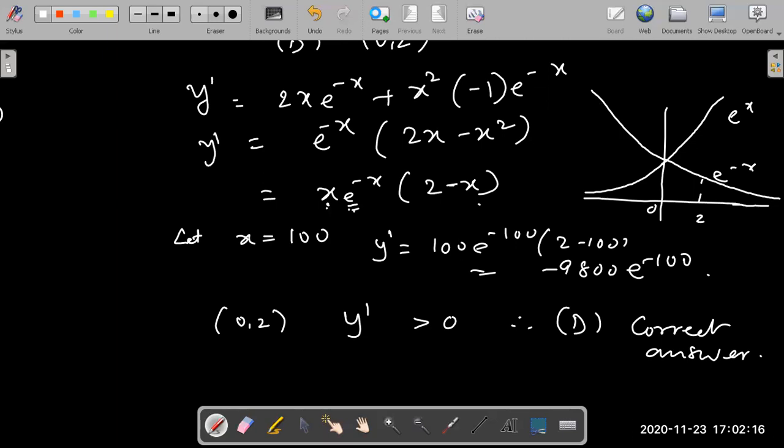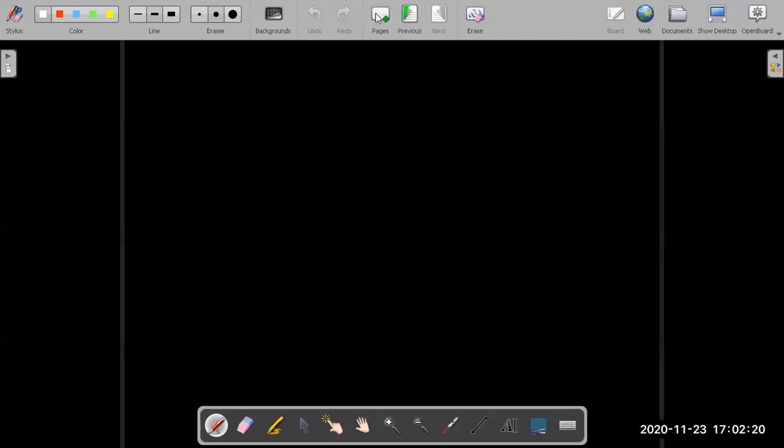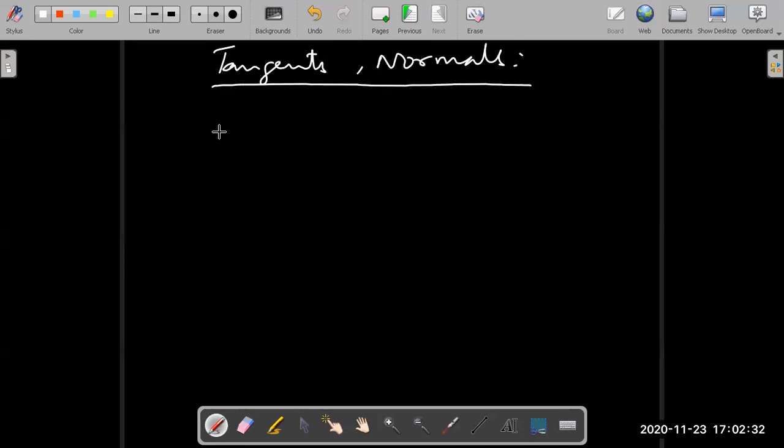Before I go to exercise 6.3, I'll have to explain about tangents, normals, and all the things. So here what happens is f of x will be given. f of x can be a curve.